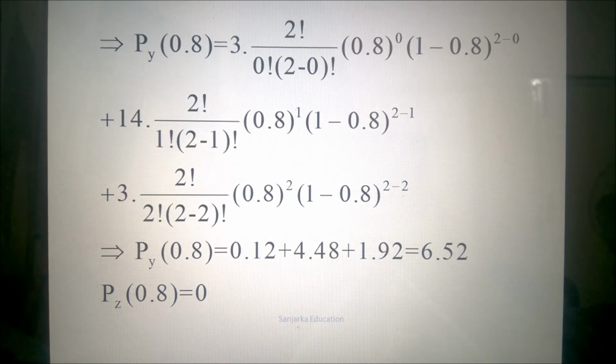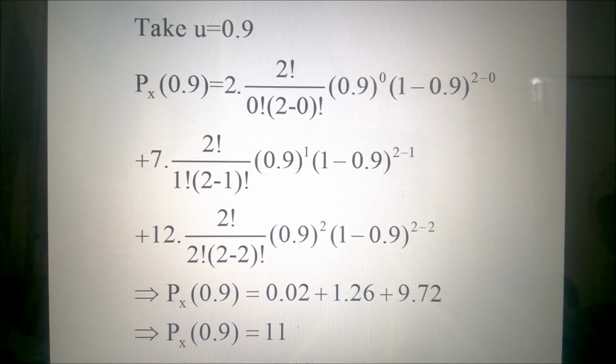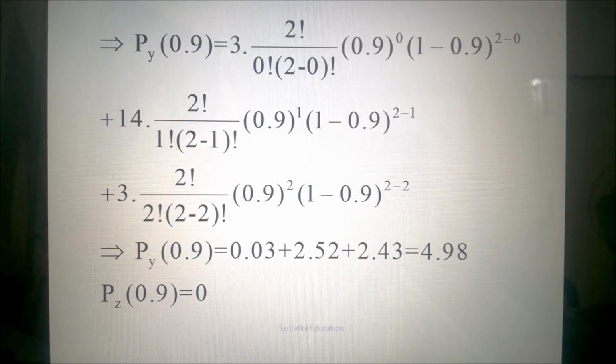You can see now the y coordinate is reducing, which will show in the curve, and z is 0. For u equal to 0.9, the x coordinate is 11, the y coordinate is 4.98 and the z coordinate is 0.